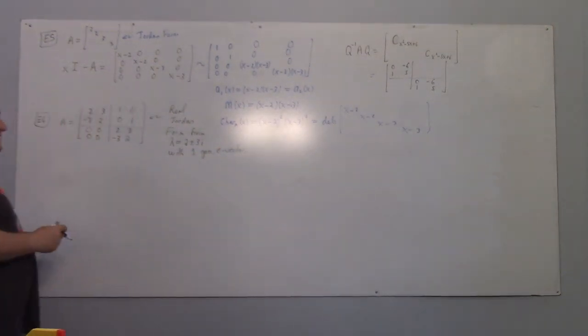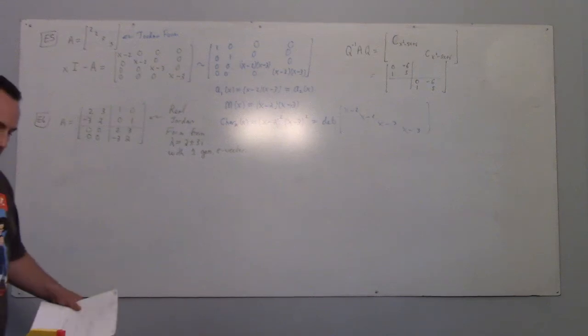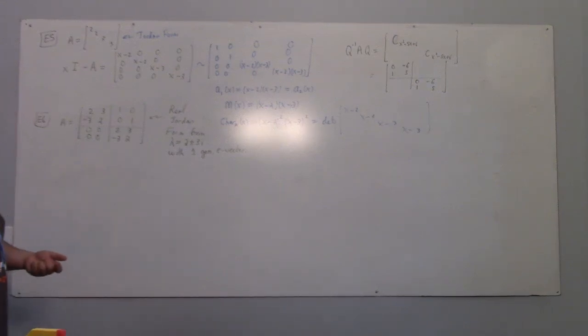In other words, this is the non-diagonalizable case: you've got a repeated complex eigenvalue and it's not diagonalizable over C.